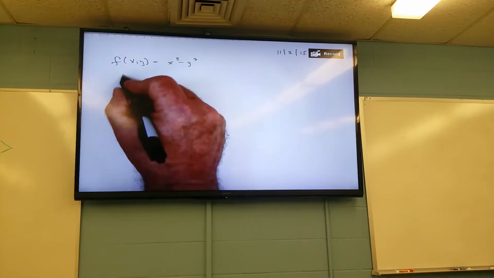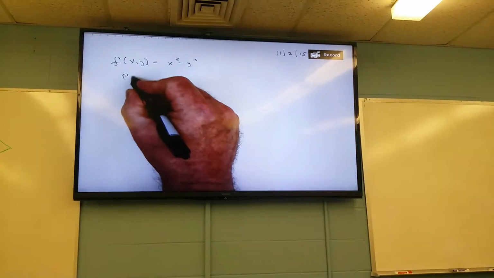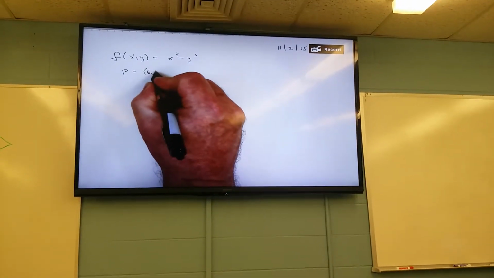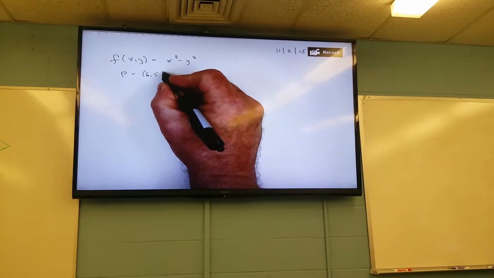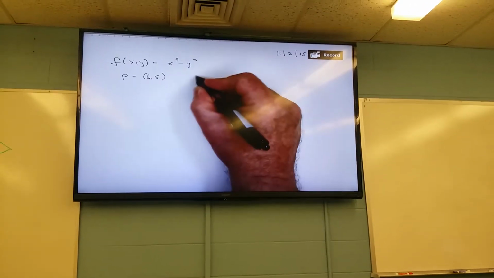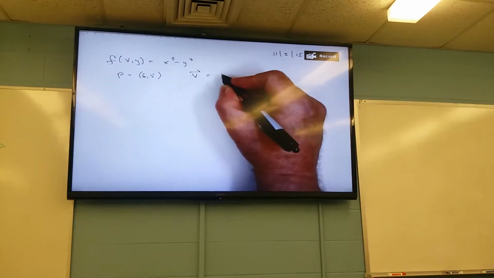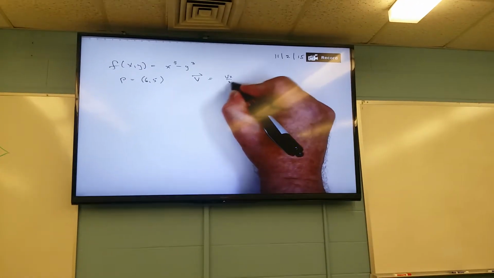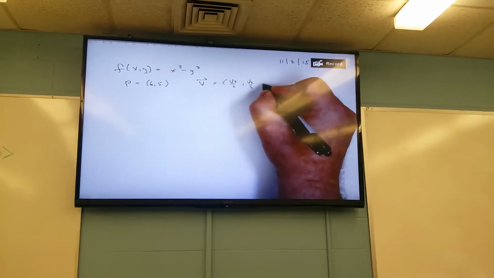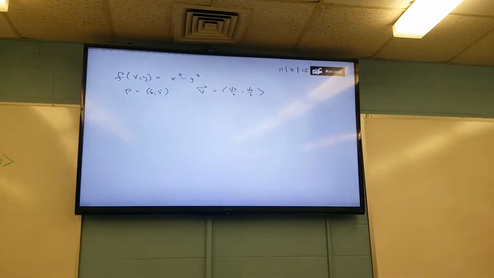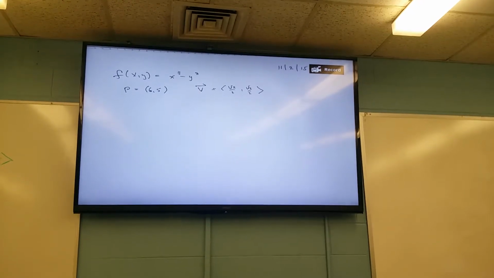The point apparently in the plane is 6, 5. Okay, that's a point in the plane. We're given a vector, which is square root of 2 over 2, square root of 2 over 2, which is along a 45-degree angle line.